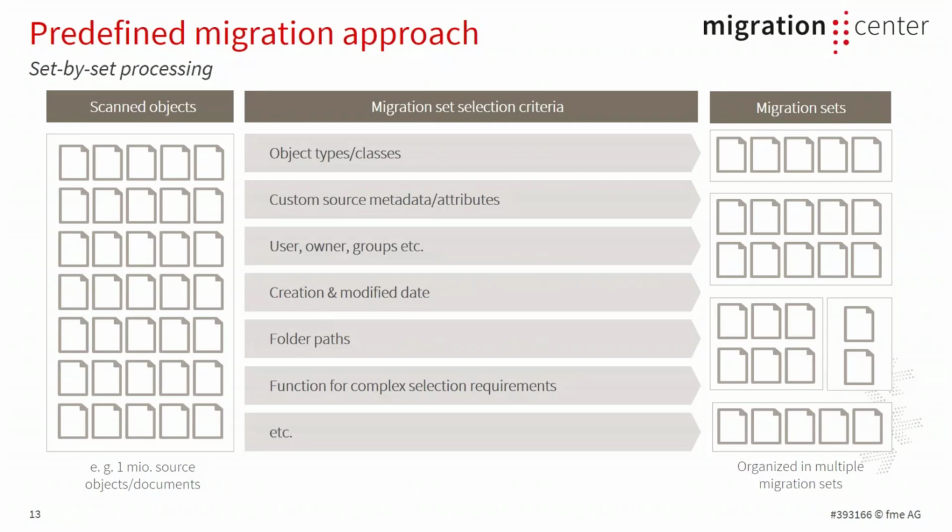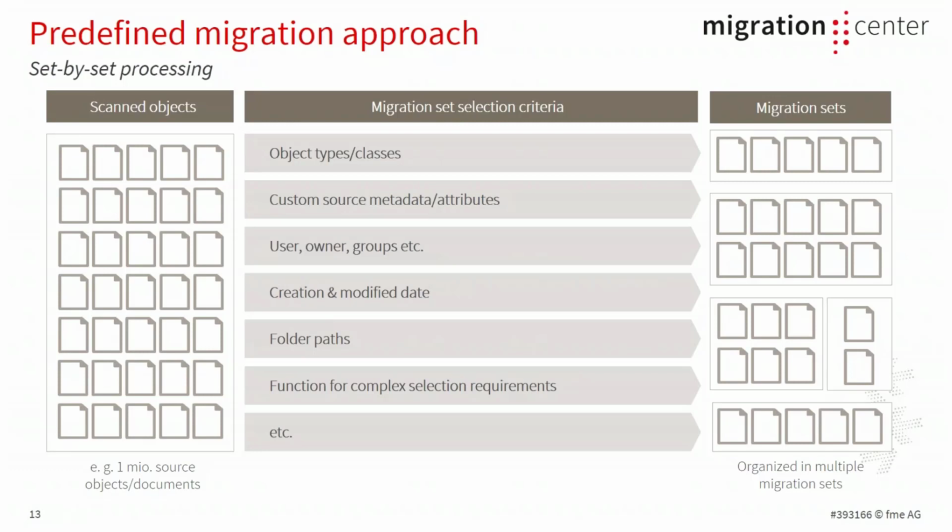You can say, every DM document in a specific folder path should go into that mix set. And one mix set is then one scope of documents where you put transformation rules on. And not only that, a mix set is also like a package for the importer, which can be imported.